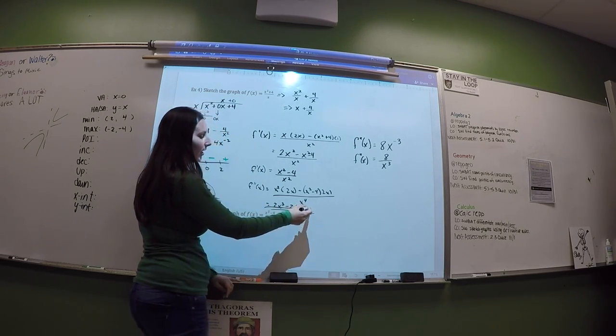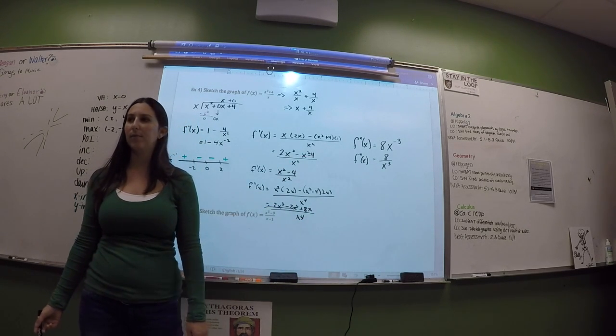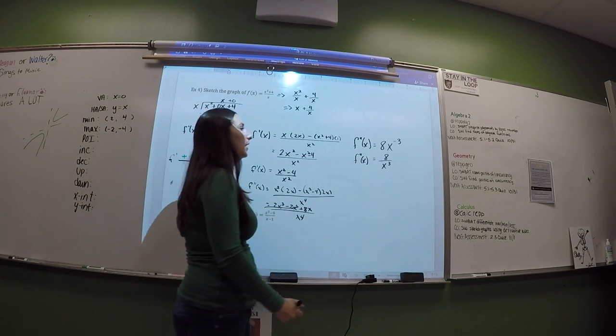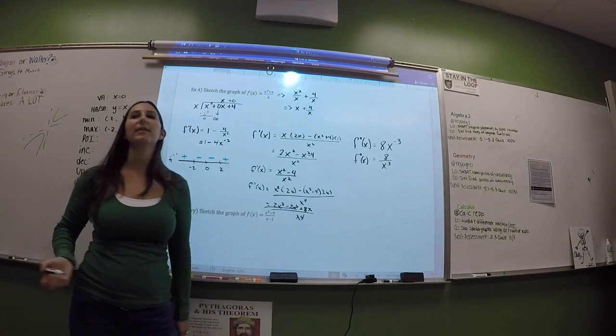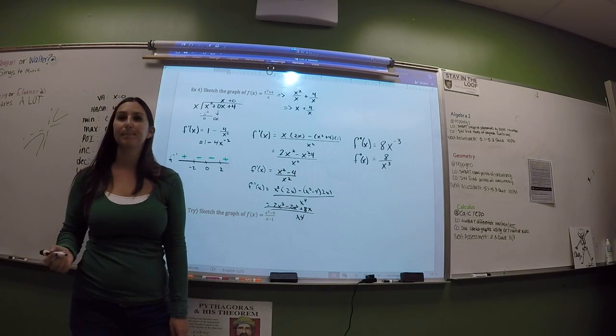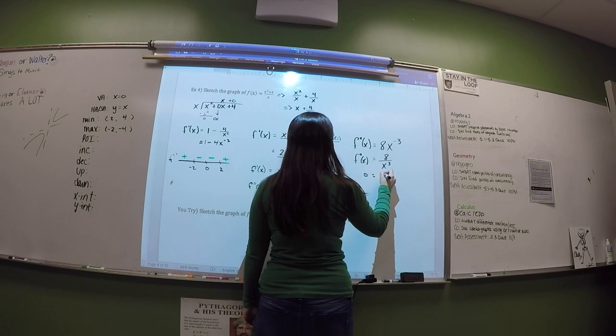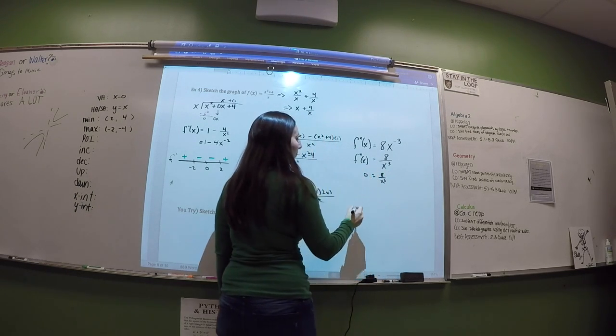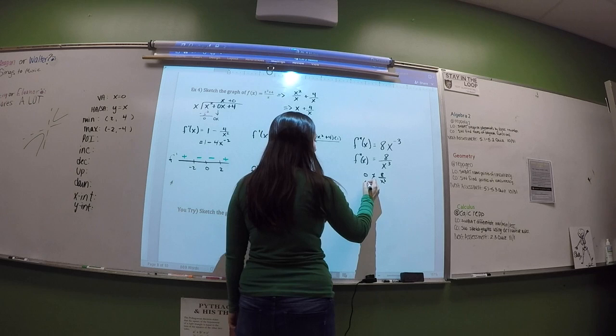These cancel, you get 8x over x to the 4th, which is the same thing we have over there. If you set this equal to 0, are you going to find any points? No. So there's no solution to that.